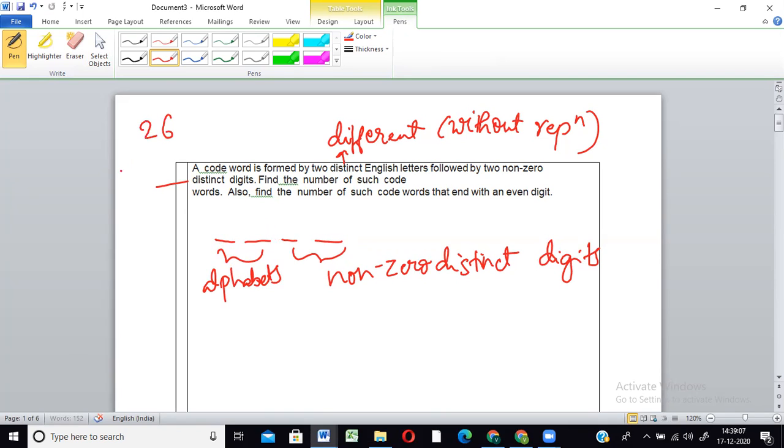As I've told you, permutation and combination work when there is no repetition, right? So here again we have distinct, without repetition. We have 26 alphabets in total, and we have to arrange them in these two blanks. How many alphabets do we need to arrange? We only need two, and it is without repetition, so we're using permutation. So 26 P2 ways in which these first two blanks can be filled.